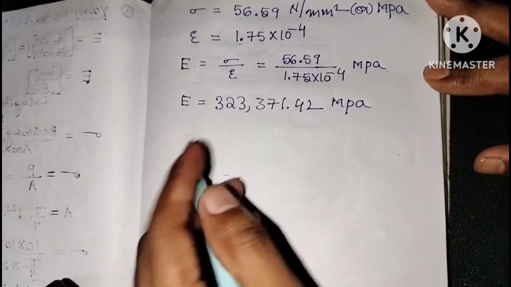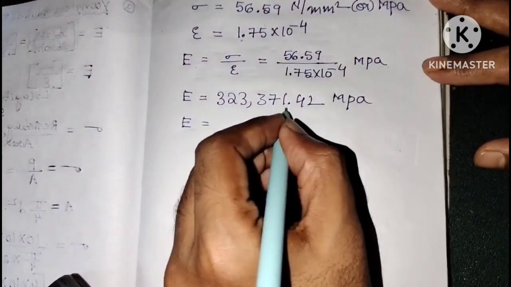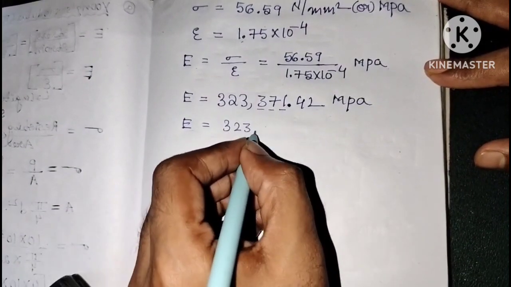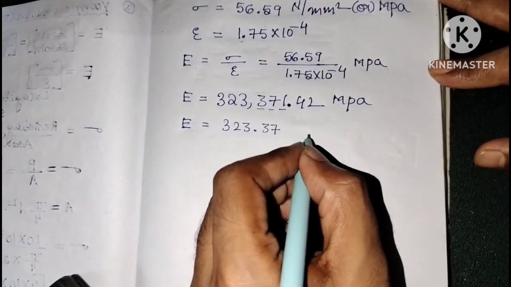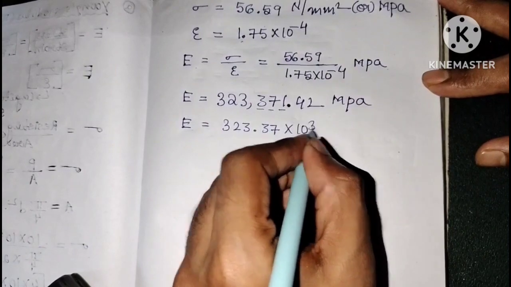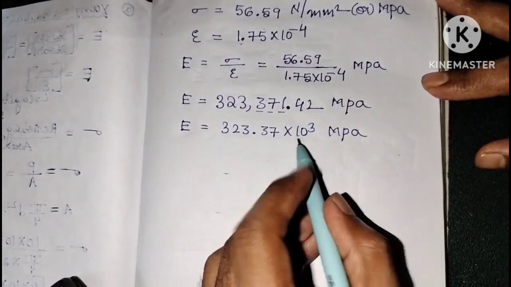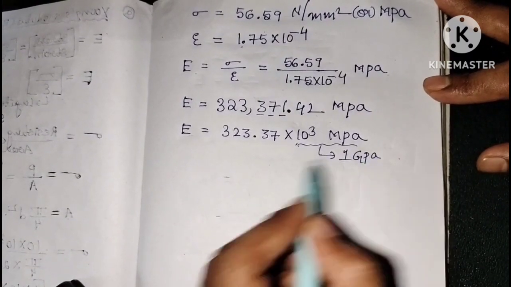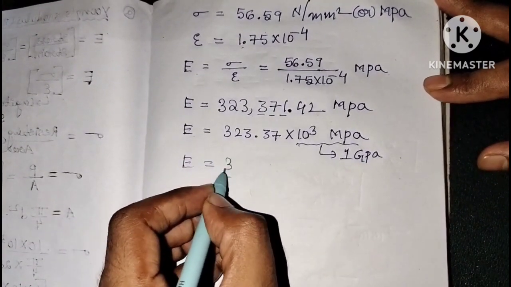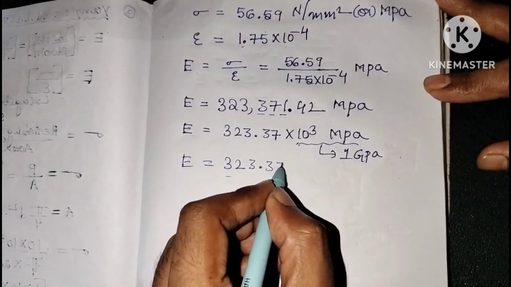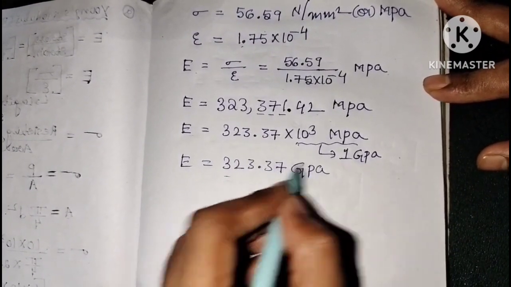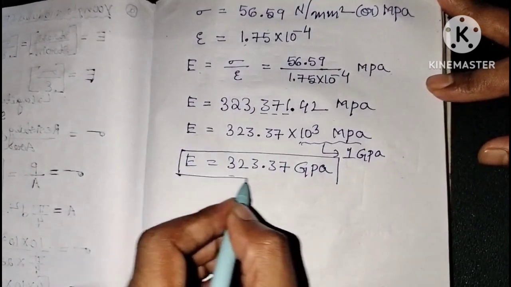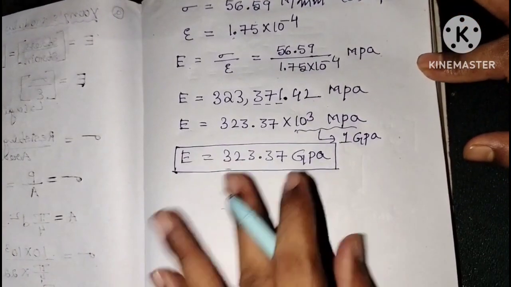So Young's modulus E is equal to, moving the decimal point 3 places, 323.37 into 10 cube megapascal. So we know that 10 cube megapascal is equal to 1 gigapascal. So E is equal to 323.37 gigapascal. So this is the value of Young's modulus.